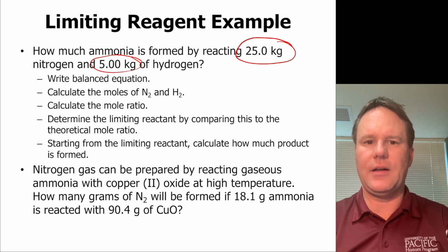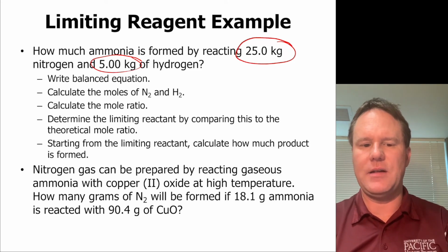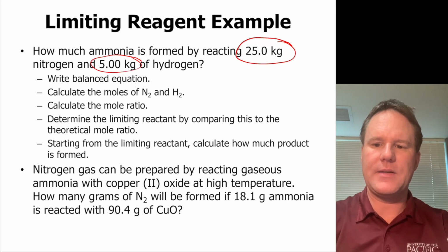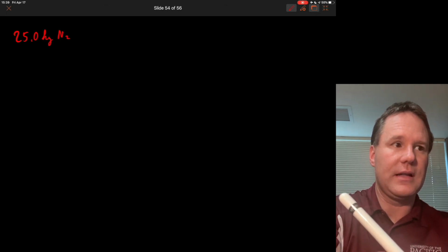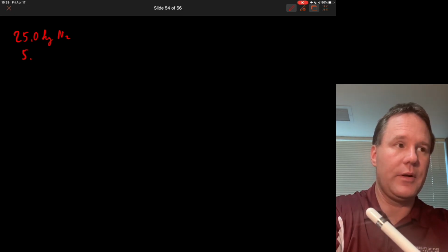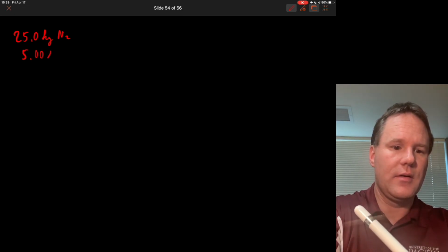And then starting from the limiting reactant, let's try to determine how much product we would form. Okay, so for that I need a blank screen again, and I start out with 25.0 kilograms of nitrogen, and then 5.00 kilograms of hydrogen.